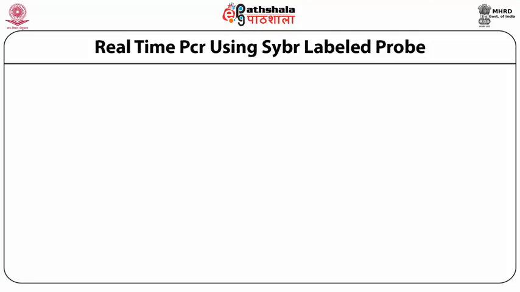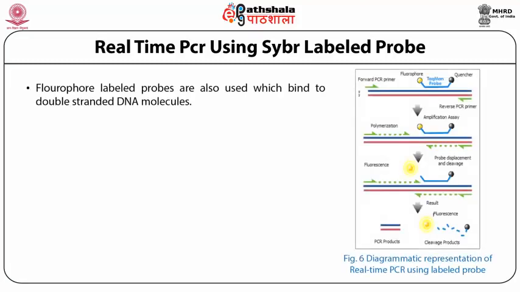Real-time PCR using labeled probe. This method is more sensitive as compared to the SYBR Green method. Here fluorophore-labeled probes are used which bind to the double-stranded DNA molecule. The probe is an oligonucleotide having a reporter fluorophore dye and an acceptor quencher dye attached to its 5' and 3' end respectively.